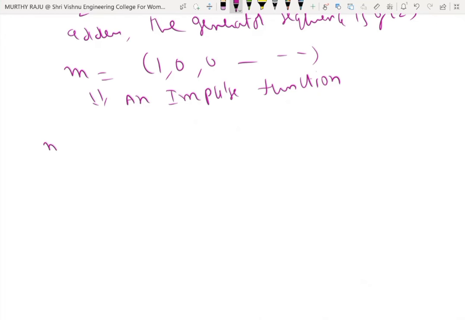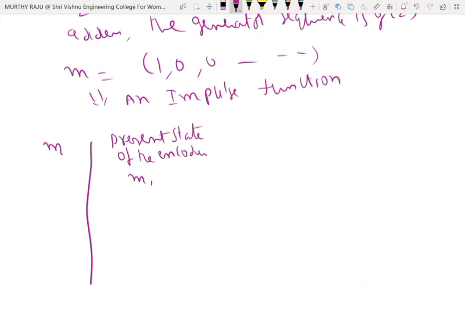Next one, this is the message bit. Present state of the encoder M1, M2.